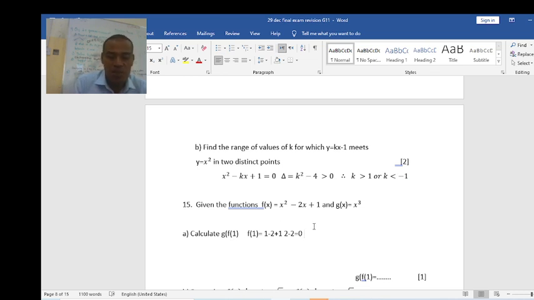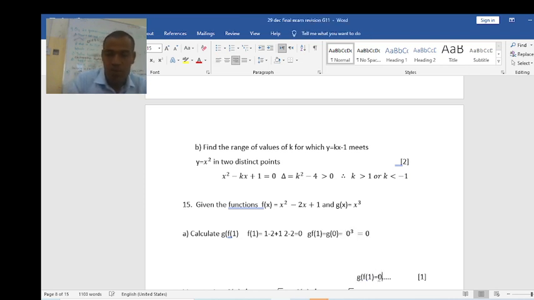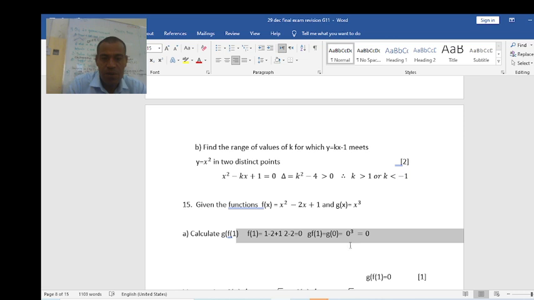Now g of f of 1 equals g of 0, which by substitution is 0 to the power 3, which is equal to 0. Clear? This is how we can solve it.